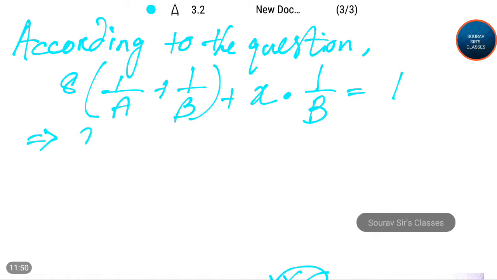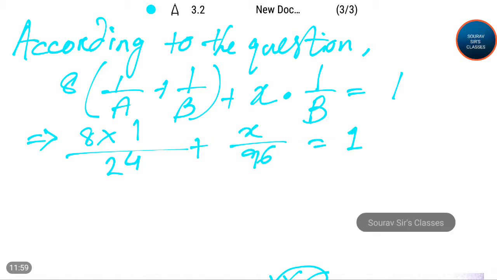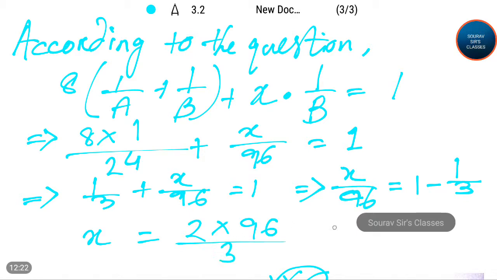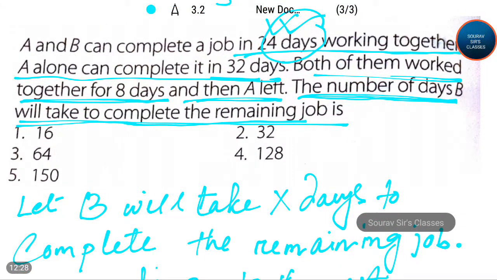Now from this we can write 8 into 1 by 24 plus x by 96 is equals to 1. From that again we can write 1 by 3 plus x by 96 is equals to 1, and x by 96 is equals to 1 minus 1 by 3. So from this we can write x is equals to 2 into 96 divided by 3, that is equals to 64. So from this, option 3, that is 64, is the correct answer.